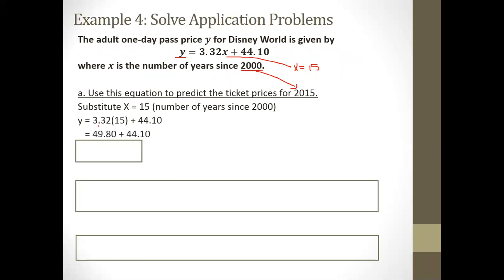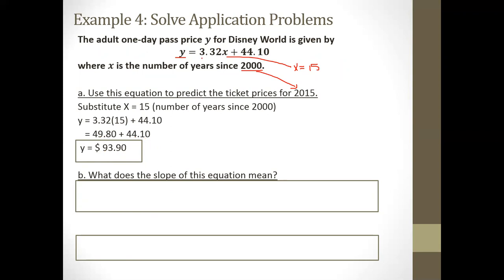Simplify here. 3.32 times 15 gives us 49.80, and then we're going to add 44.10 to get the adult price, which will be $93.90.